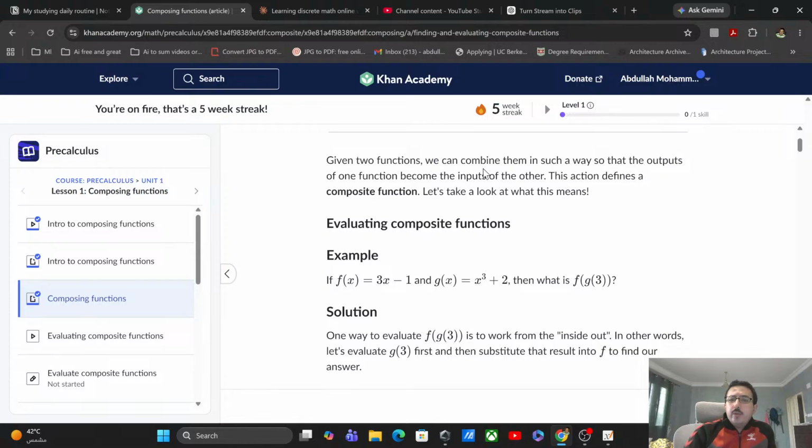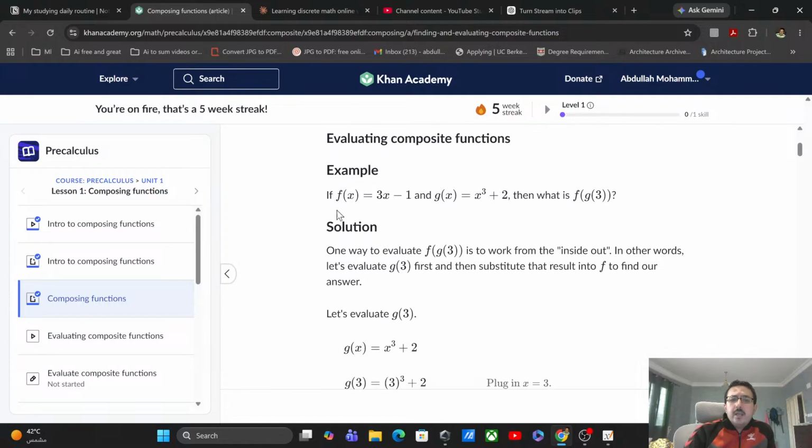If f(x) equals 3x minus 1 and g(x) equals x squared plus 2, then what is f of g of 3?